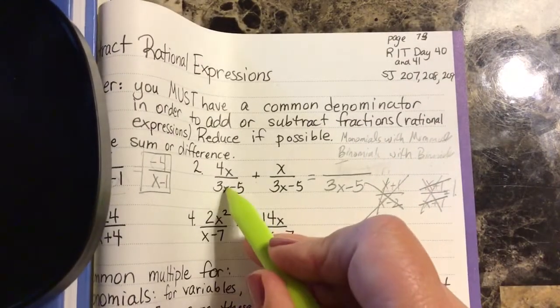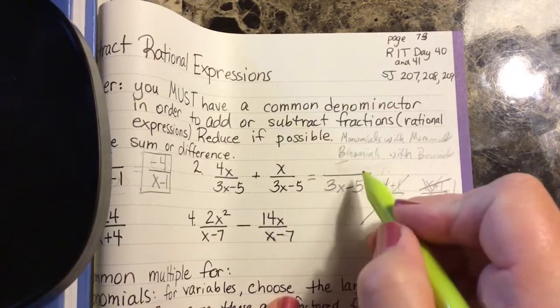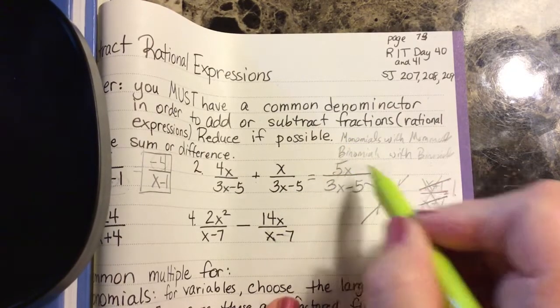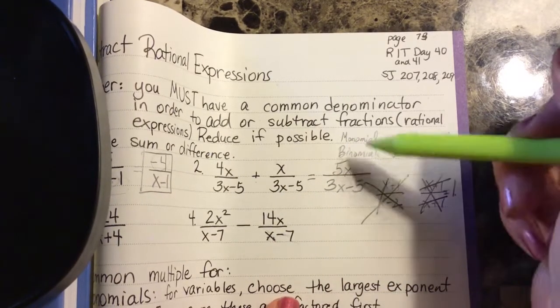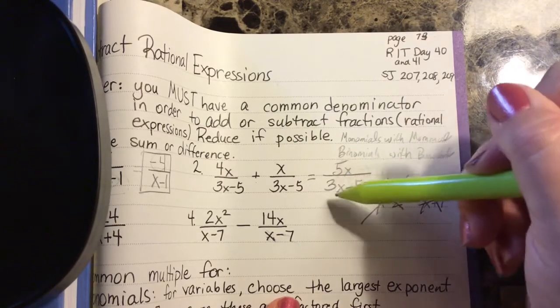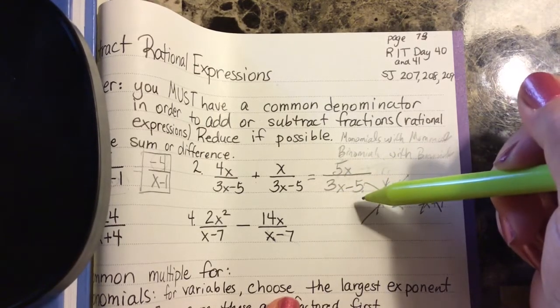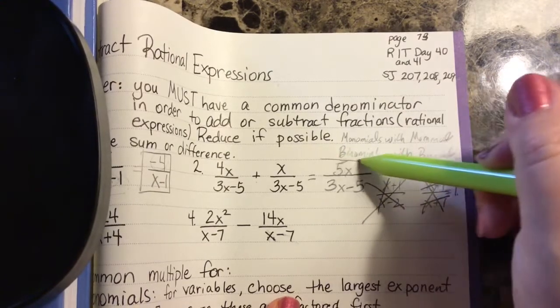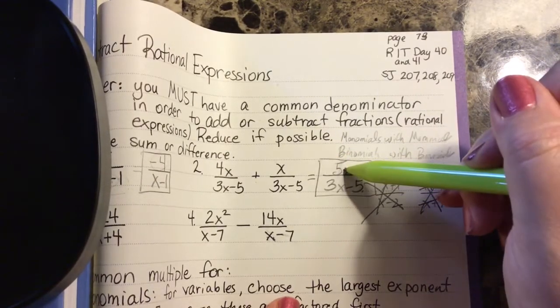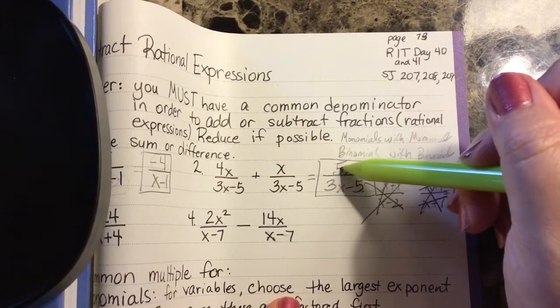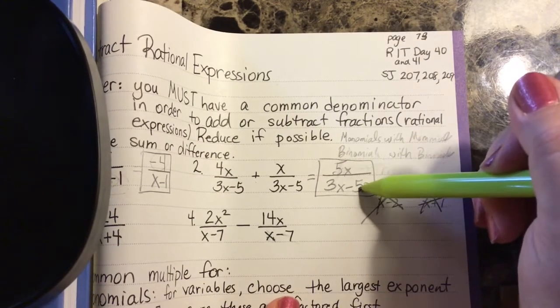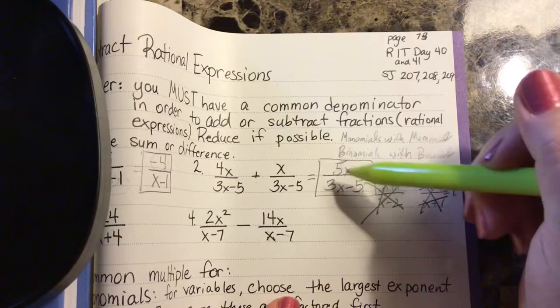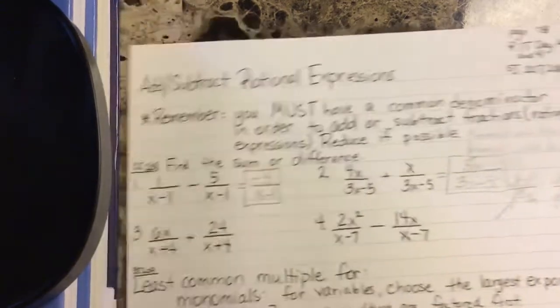So 4x plus 1x is 5x. Now can I reduce? I have a monomial and a binomial. No, I cannot reduce. Some students think they can reduce this away. No, you may not. You have a monomial 5 and a negative 5 in your binomial. You cannot reduce those together.